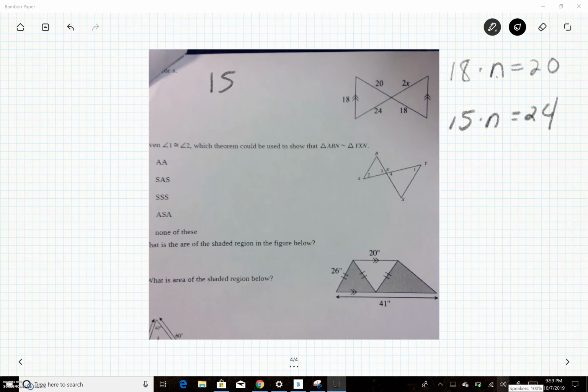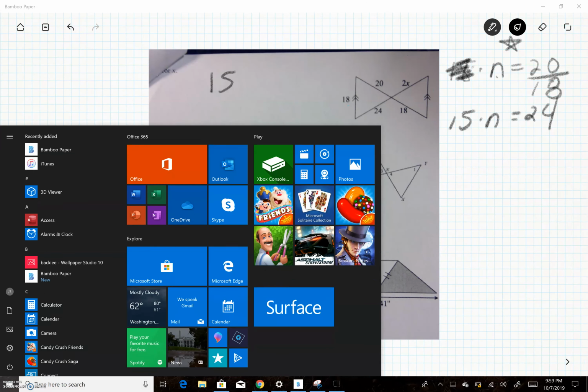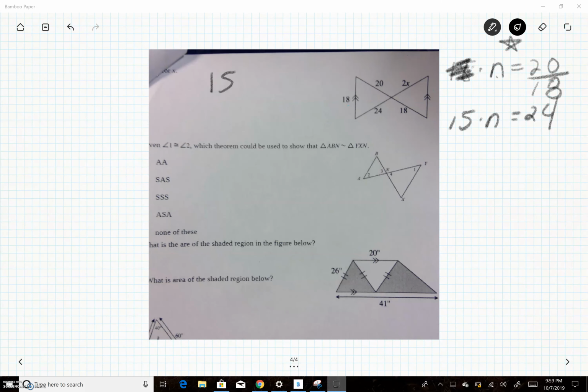So an easy way to think of this is that n here is going to be equal to, if I divide both sides by 18, n is going to be equal to 20 over 18, and n on this bottom one is going to be equal to 24 over 2x.